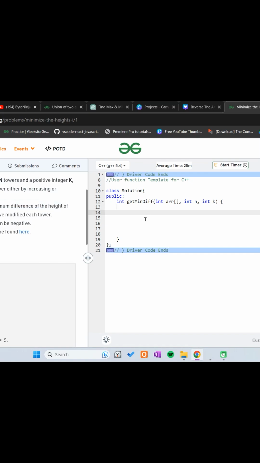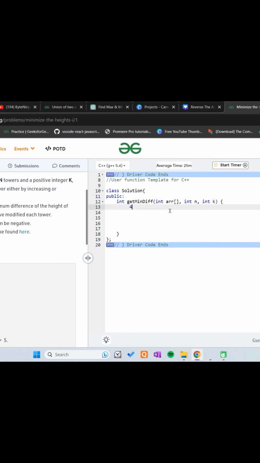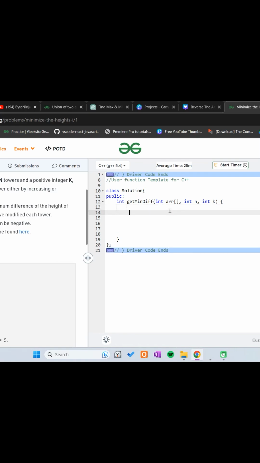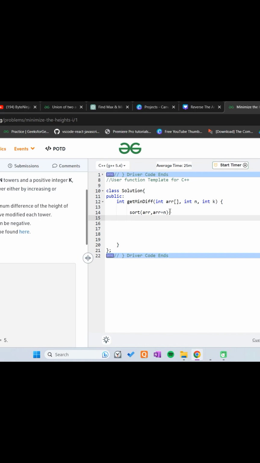So in this question, we have to find the difference between these two. If we want to find the difference, then we can sort the array. Why are we using sort? If we sort, then all the minimum values are on the left side of the array and the maximum values on the right side of the array.